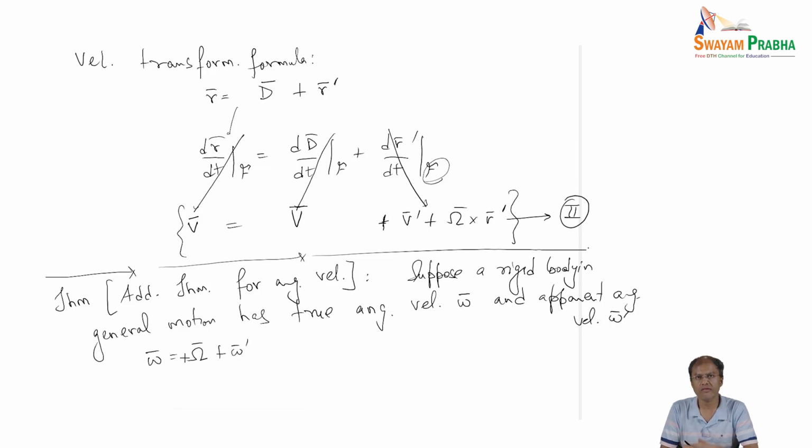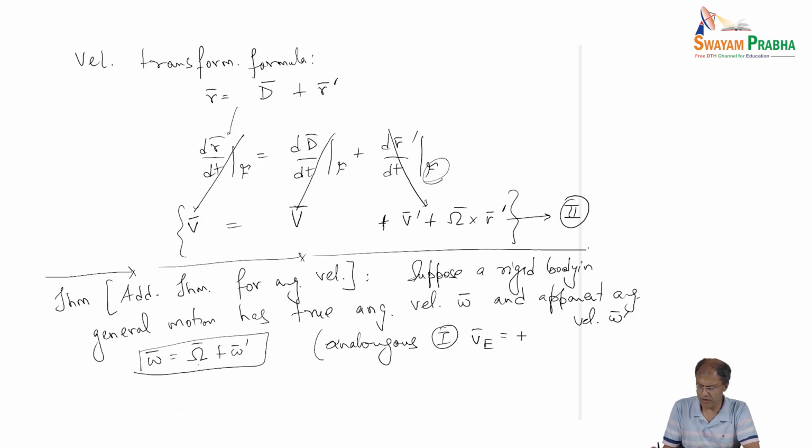So again, using the same idea that we saw in Formula 1, the true angular velocity is the angular velocity of the frame plus the angular velocity in the moving frame, right? This is very much analogous to our Formula 1, where we saw that V_E was equal to V plus V prime_E.